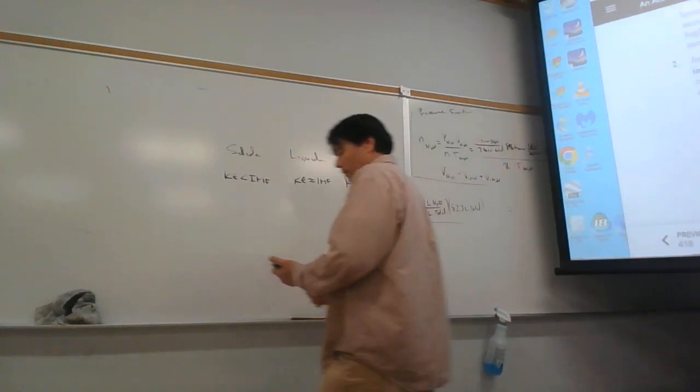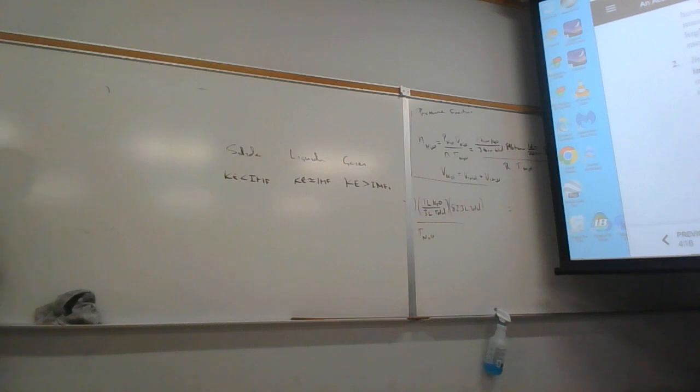All right. So the first one's called dipole, and we call this a permanent dipole. So HCl, H2O, H2O is bent.